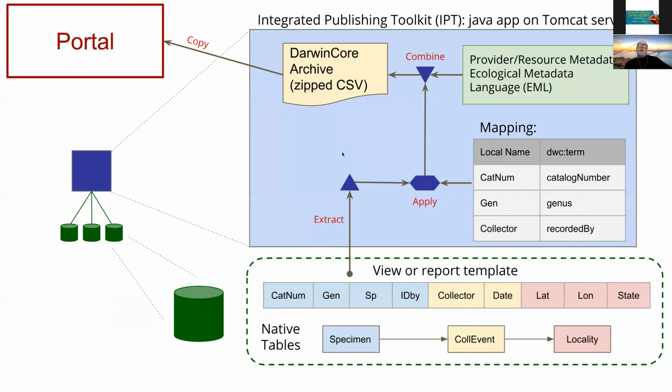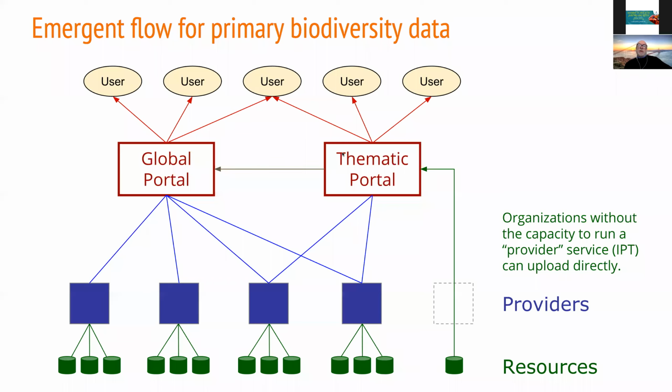So what we ended up with, and what we've seen since, is that GBIF is, I would say, the top aggregator, aggregating all of the data. There are thematic portals that exist either regionally or taxonomically that provide a different view into data and provide further assistance to some providers that might not be able to host a web server. And then these thematic portals themselves can actually get harvested into GBIF. So this is the structure that we have now.